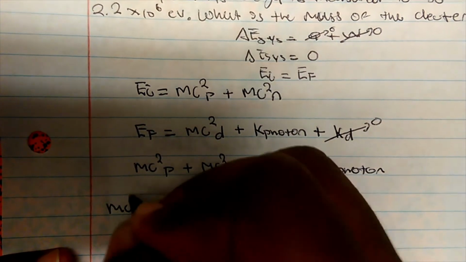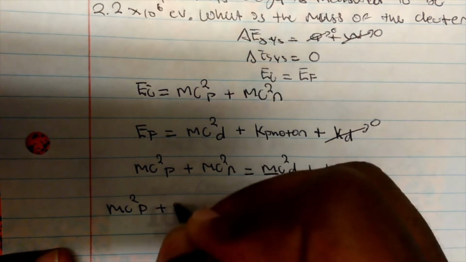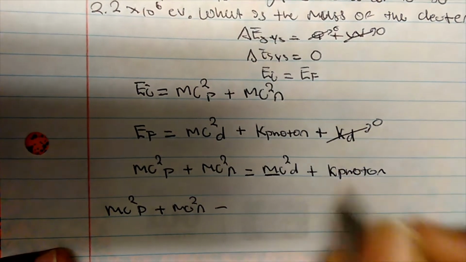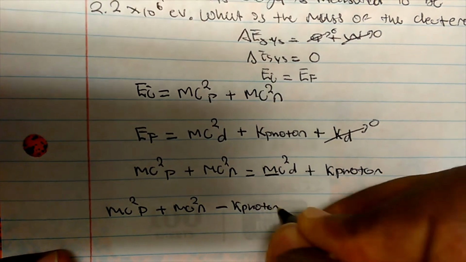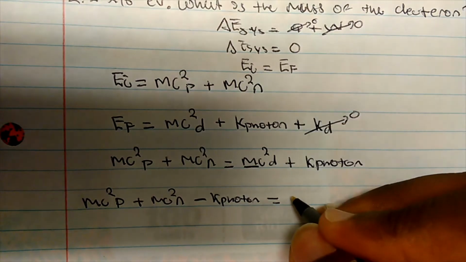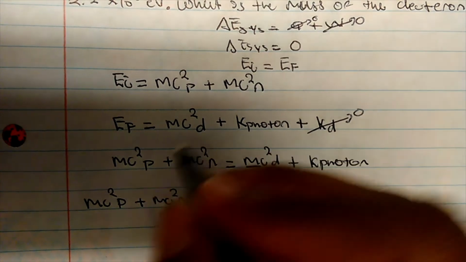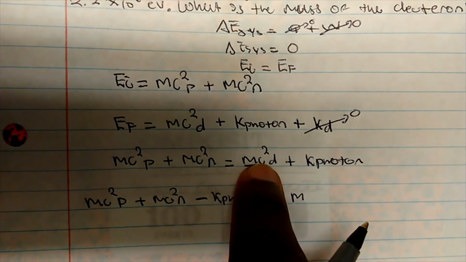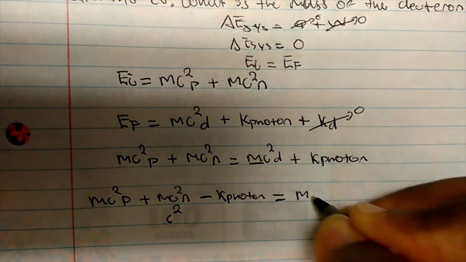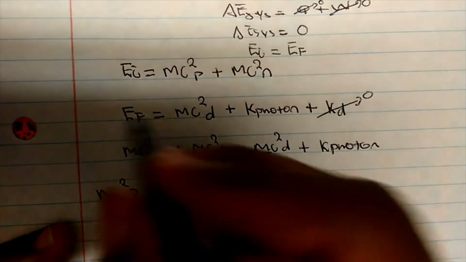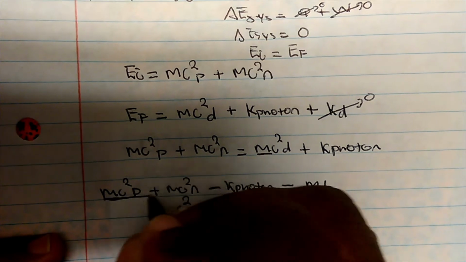If I take mc squared of the proton plus mc squared of the neutron minus the kinetic energy of the photon, that's just equal to mc squared of the deuteron. If I divide this by c squared, then the mass of the deuteron is equal to all this divided by the speed of light squared.